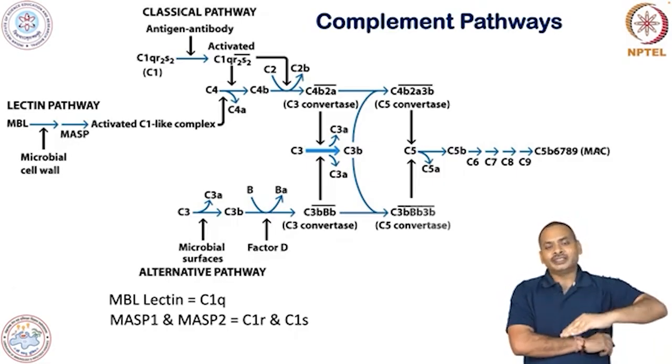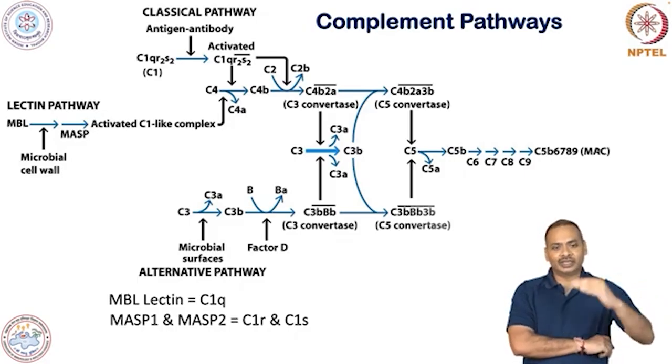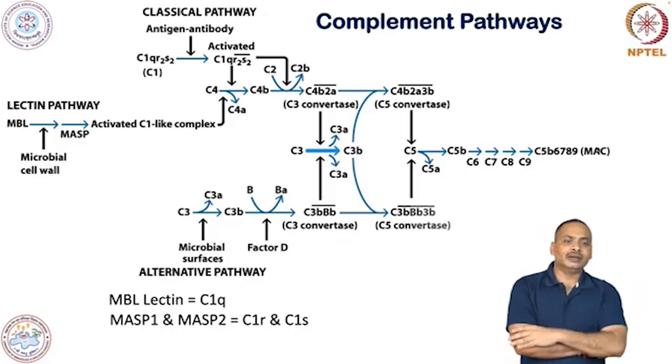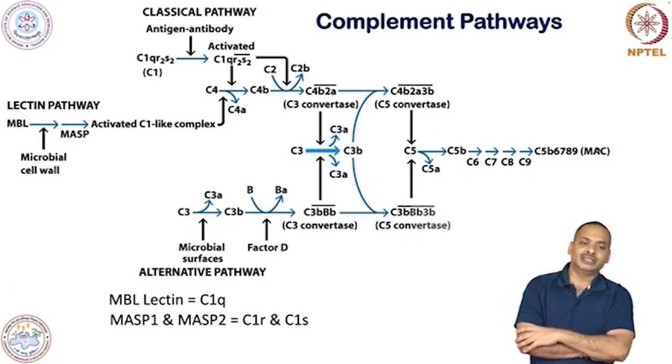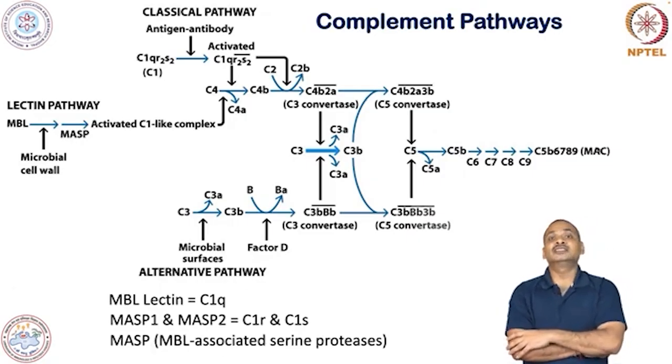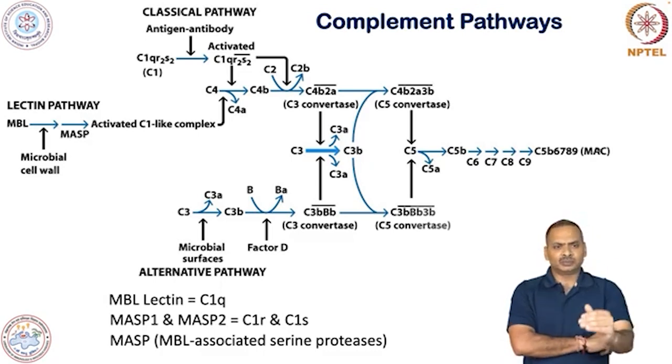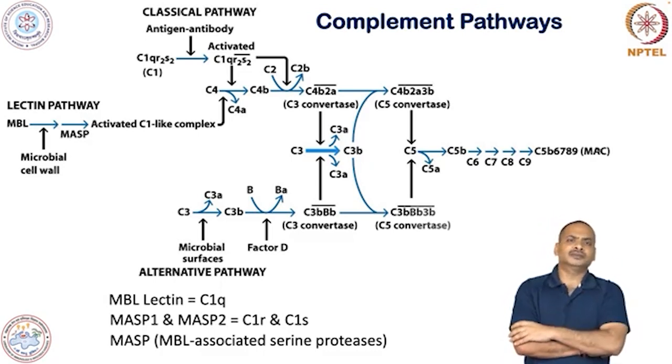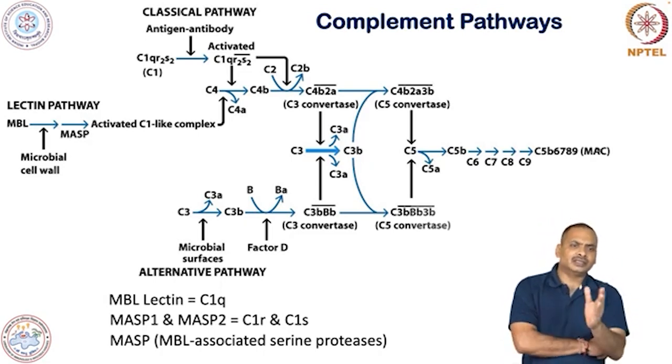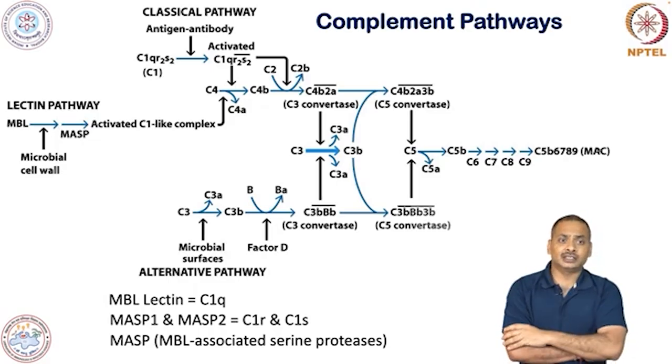So, here there is a good comparison between classical and lectin pathway, that is what I am highlighting, and MASP is basically MBL associated serine protease, okay, and this basically triggers the lectin pathway, and the downstream pathway is similar or the same as the classical pathway.